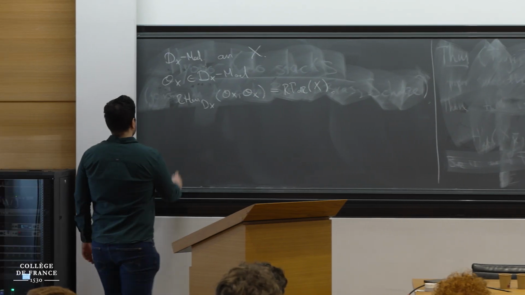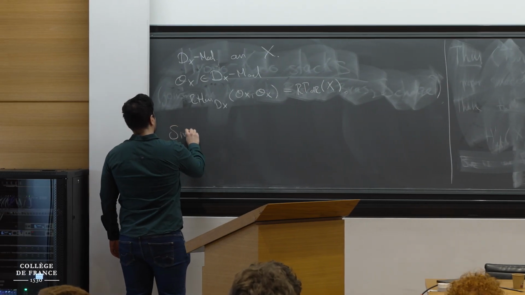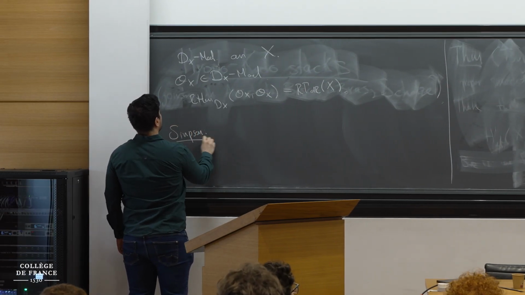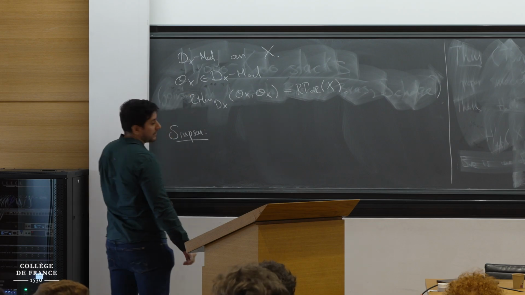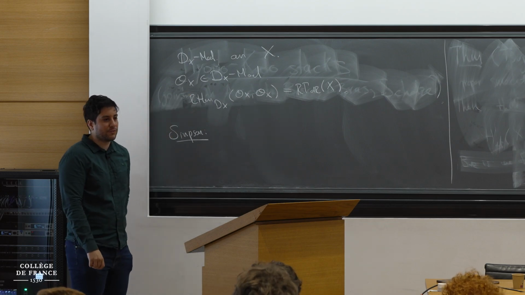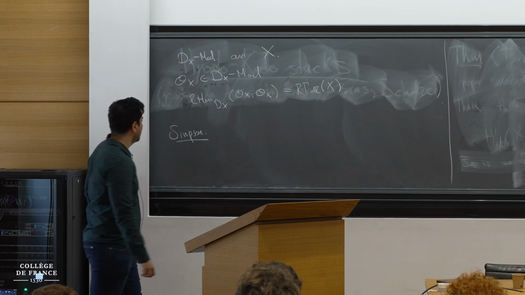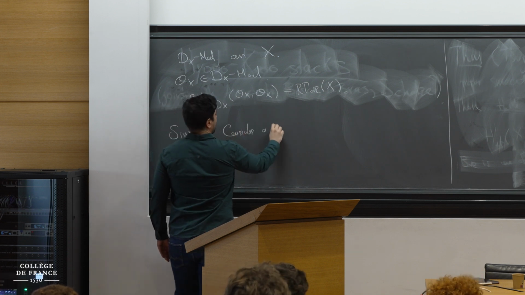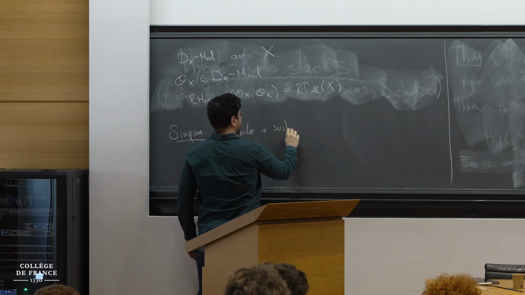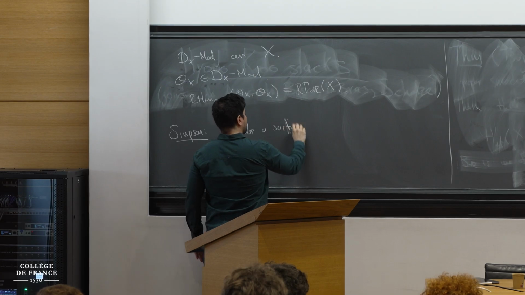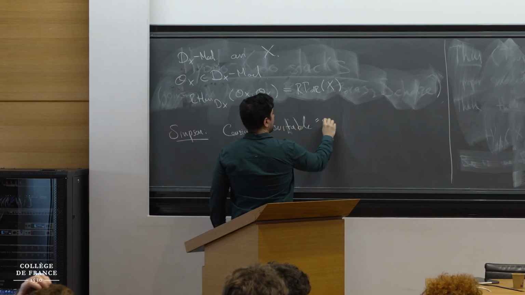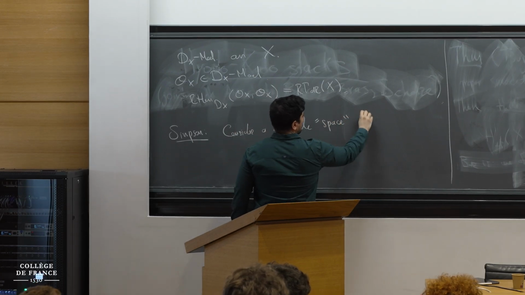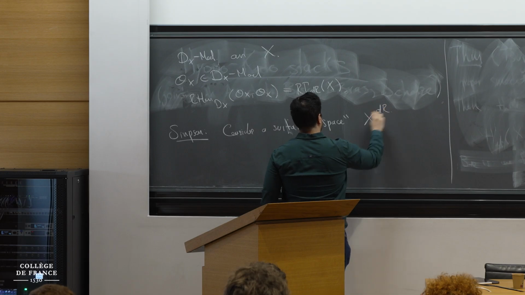So Simpson said that instead of looking at this category of D_X modules, I could just construct a different space that we call X de Rham.